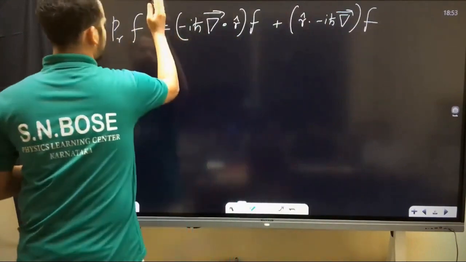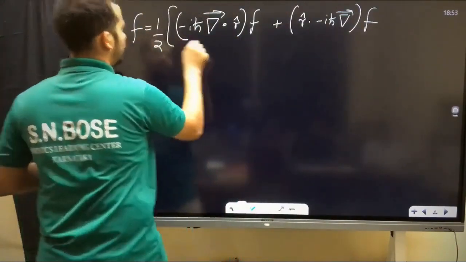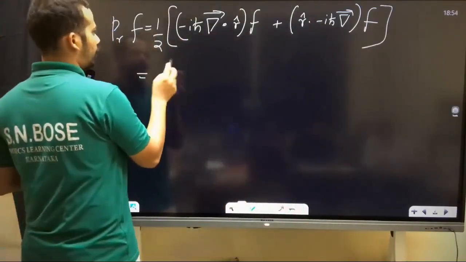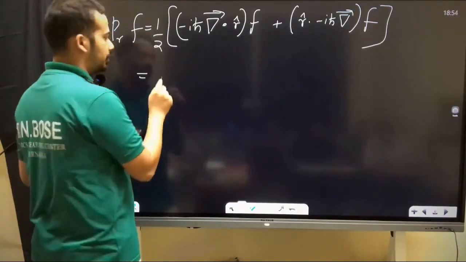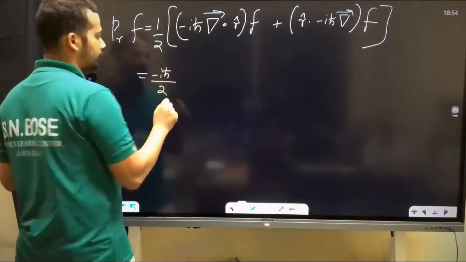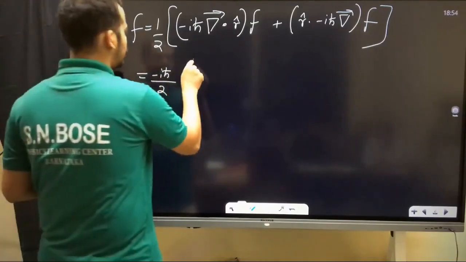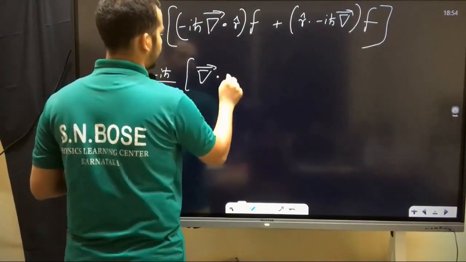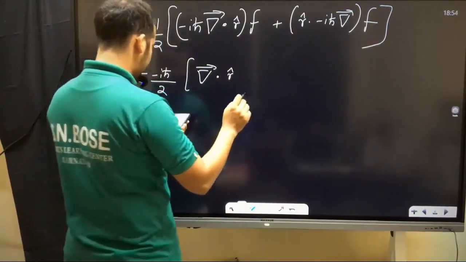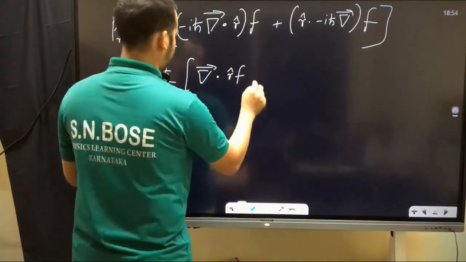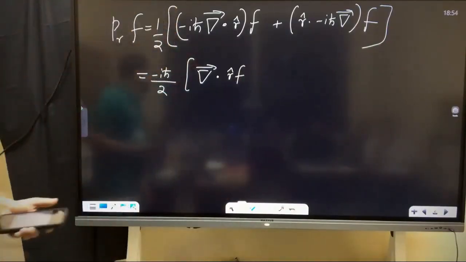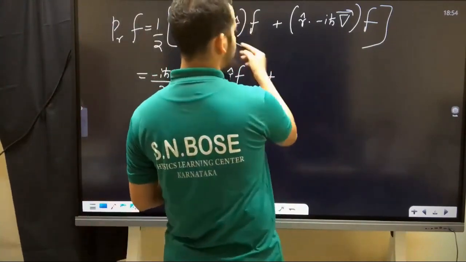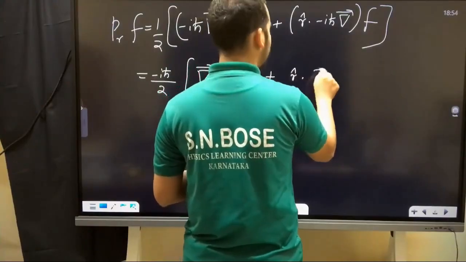The one half I will keep outside, and I can take minus i h bar outside as well, divided by 2. So this is nothing but gradient dot r cap f, plus r cap dot gradient of f.